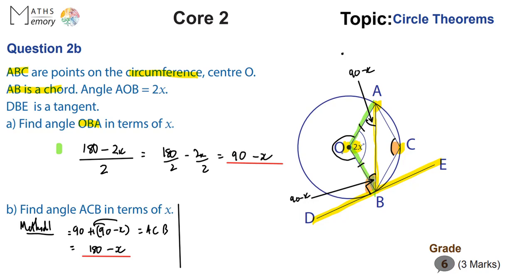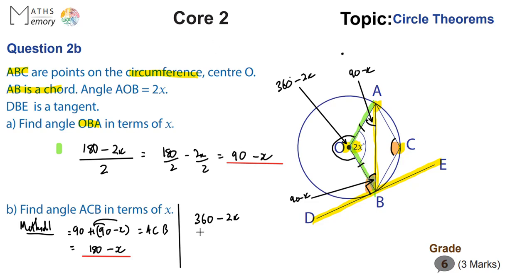Let's name it: this whole circle is 360, so this would be 360 take away 2x. This bit, ACB, would always be half the angle from the double angle theorem. Hence, it'll be half of 360 take away 2x.